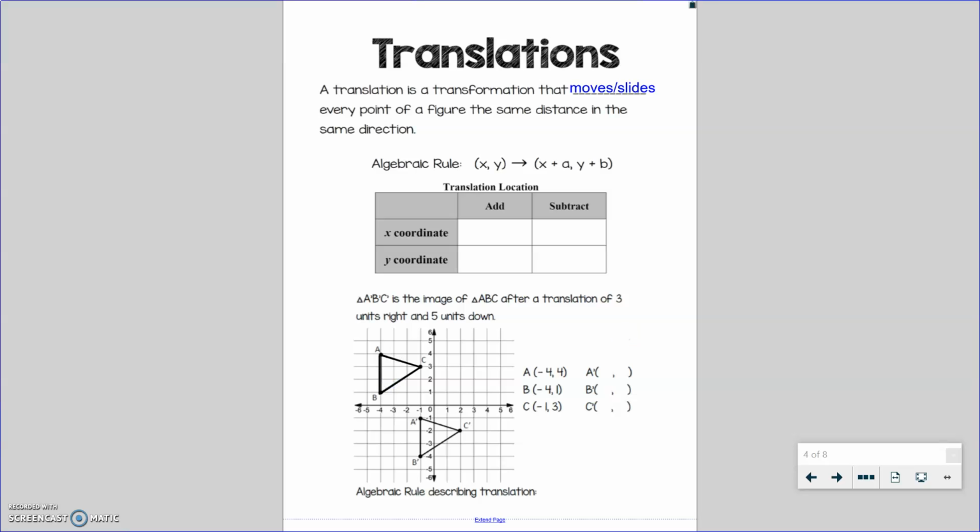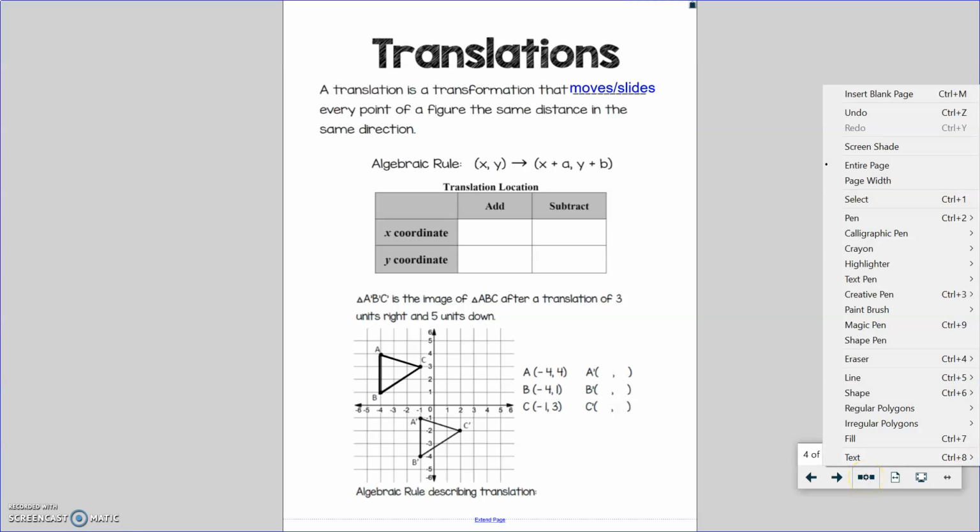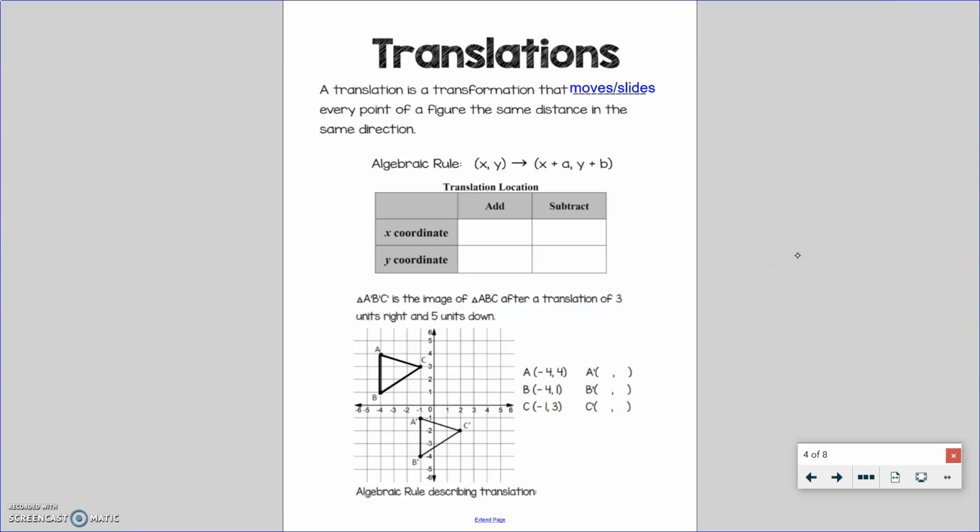So there are ways to identify the different types of transformations. With translations, our algebraic rule. So there's a way to mathematically show what we are doing. So your algebraic rule, you are either adding or subtracting.